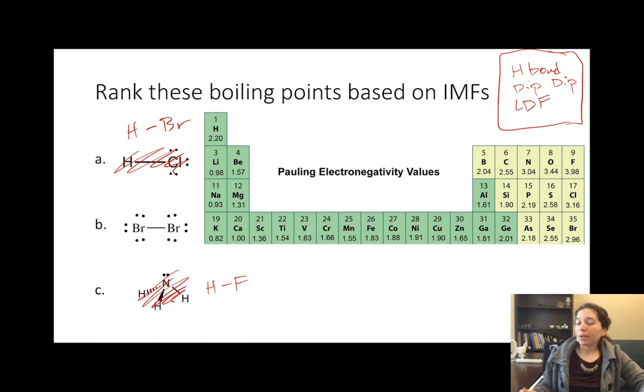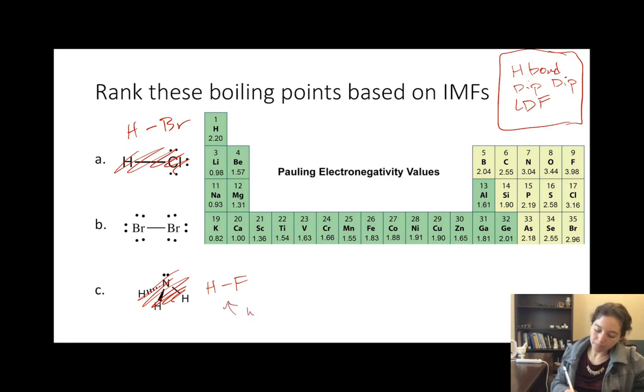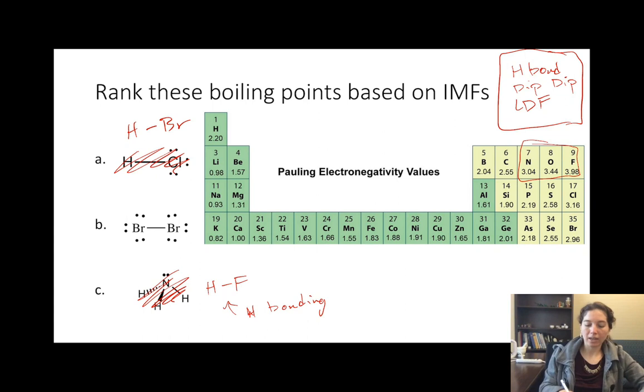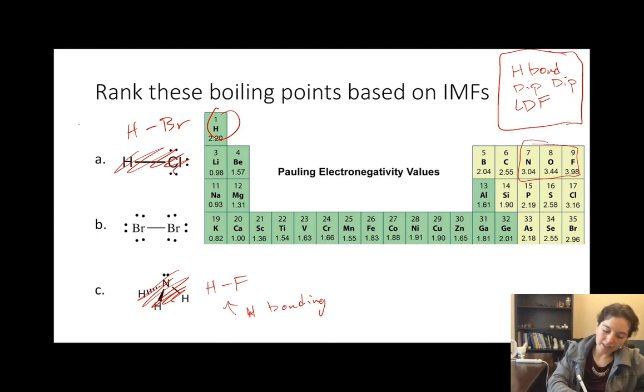So we need to determine what types of different intermolecular forces each of these have. This is hydrogen bonding. These are our only 3 atoms on the periodic table here that can hydrogen bond when they have hydrogen stuck to them. It's our hydrogen bonding. HBr, if you calculate the difference here, you're going to find that it is dipole-dipole.